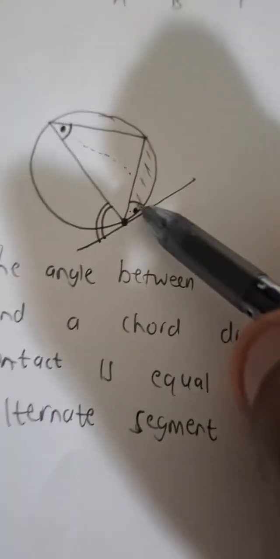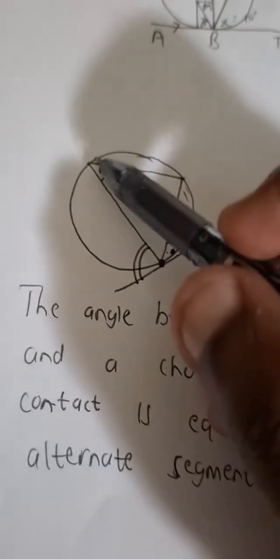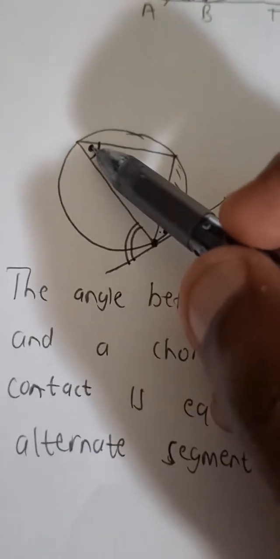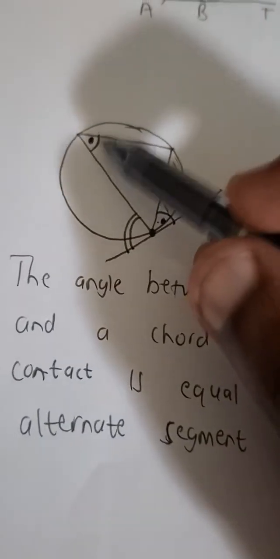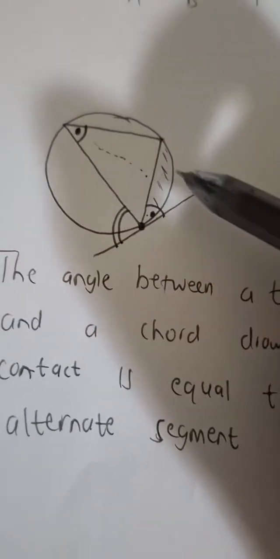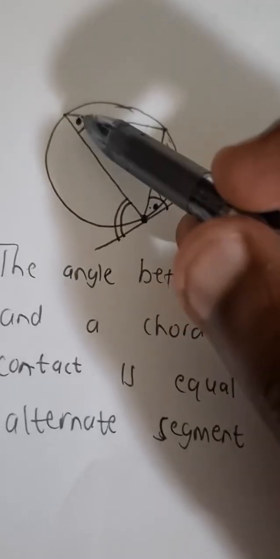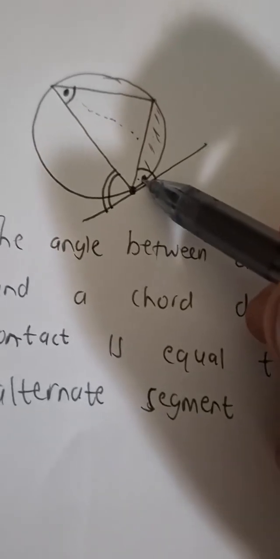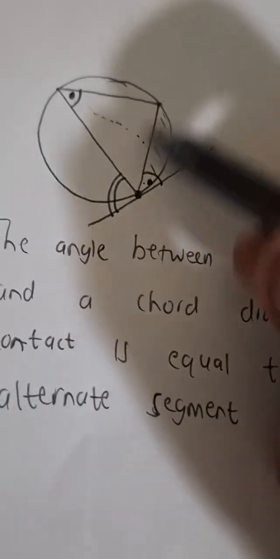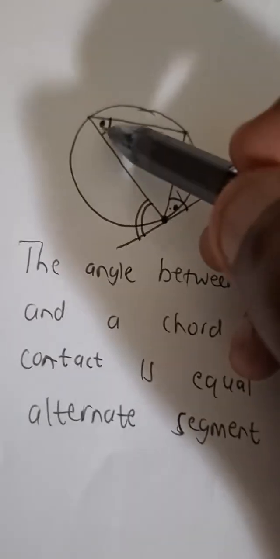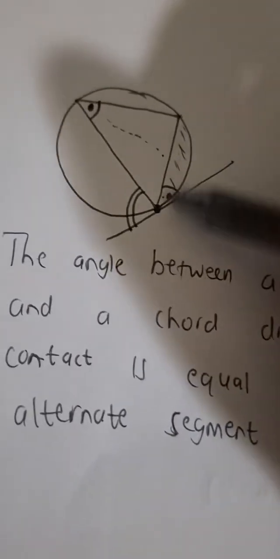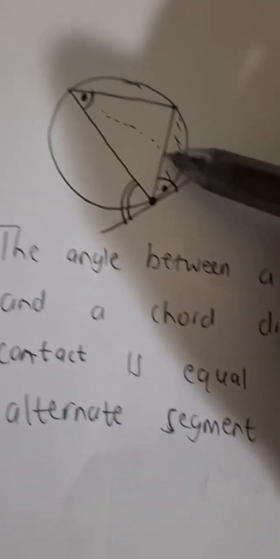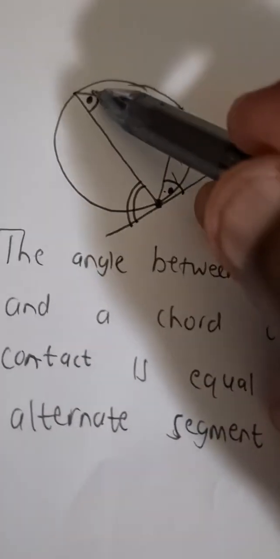So they are saying, in other words, this angle is equal to that angle, the angle in the alternate segment. In the other segment, there's that angle, which is this one. So this angle formed by this tangent and this chord is equal to the angle that is subtended by that very same chord. Opposite this chord, you have this angle.